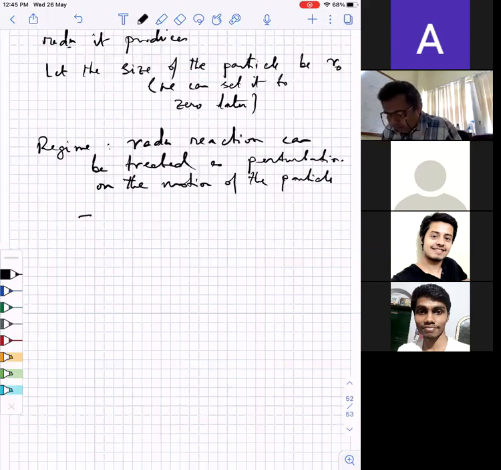So let T be some time scale over which the kinetic energy of the particle changes substantially.